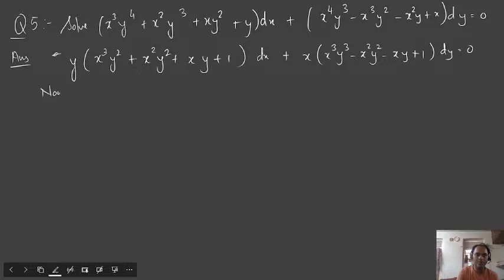Now you see this, there is one small hint I would like to tell you. The hint is 1 can be seen as x raised to 0, y raised to 0.